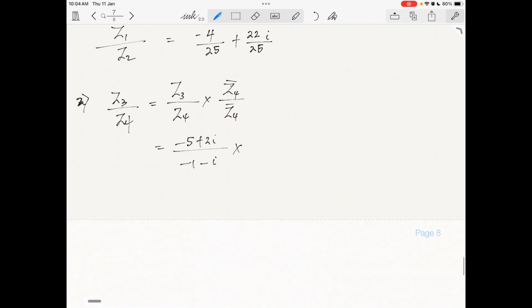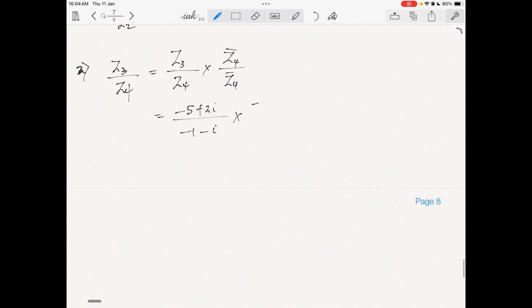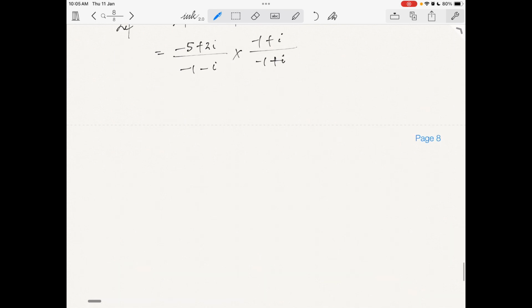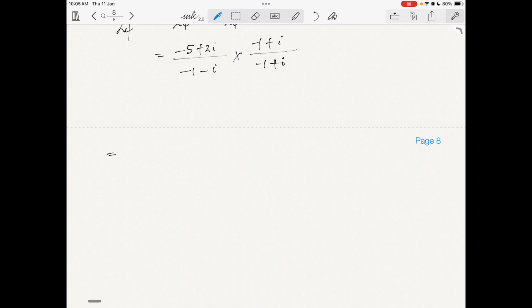So we multiply it by minus 1 plus i. With this understanding, we can now open the brackets seamlessly because we've done various examples on it, and it brings us to a format we are familiar with.